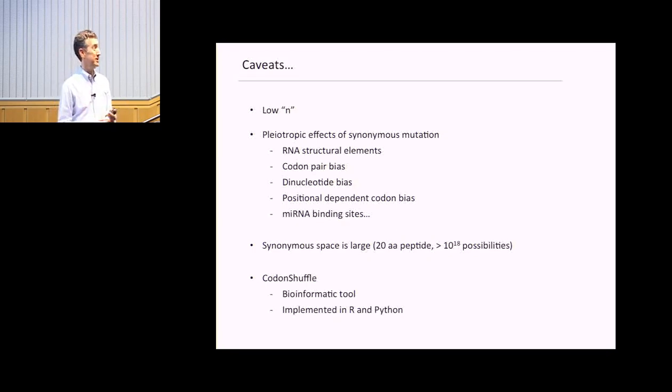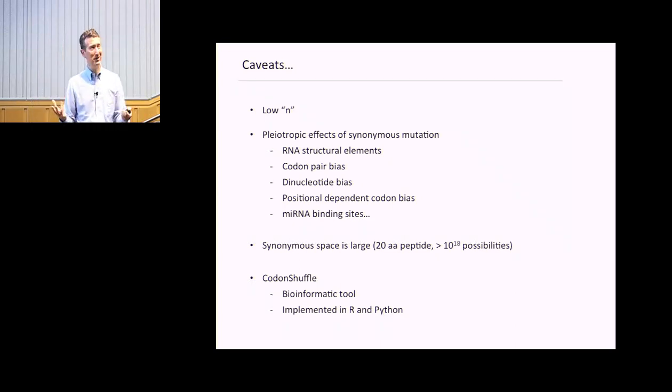For example, CpG is sensed by toll-like receptors, and maybe you're altering that. Maybe you're introducing spurious microRNA binding sites. So we thought, there are a lot of things to control for. It sure would be nice to control for all these things and isolate mutational tolerance as one factor.